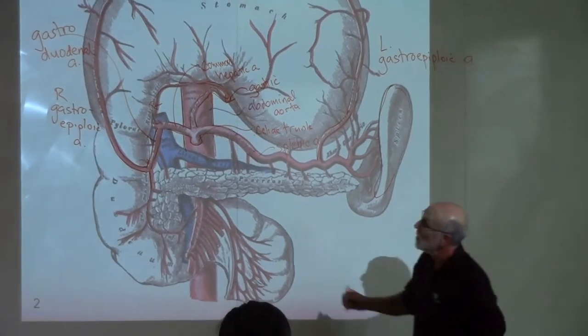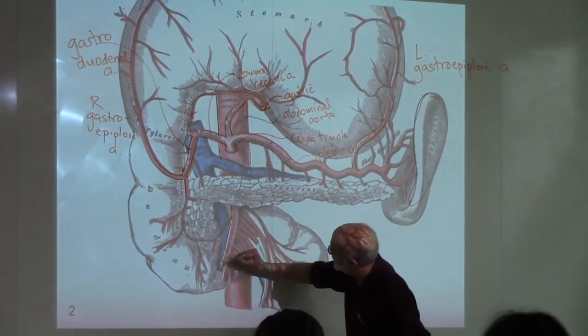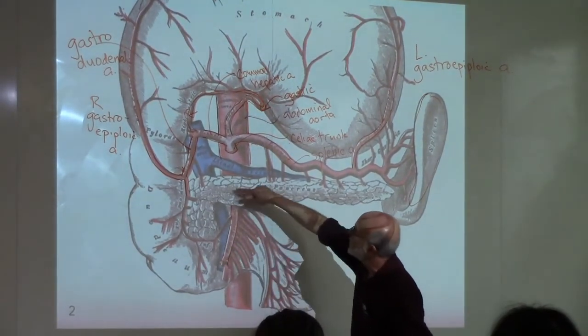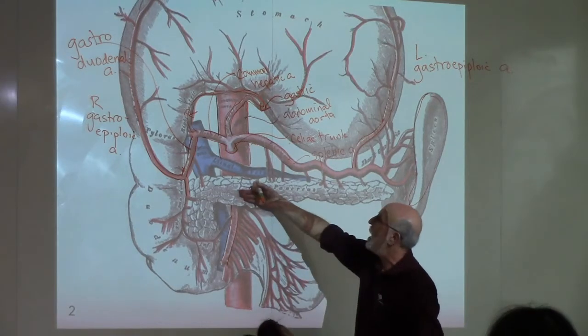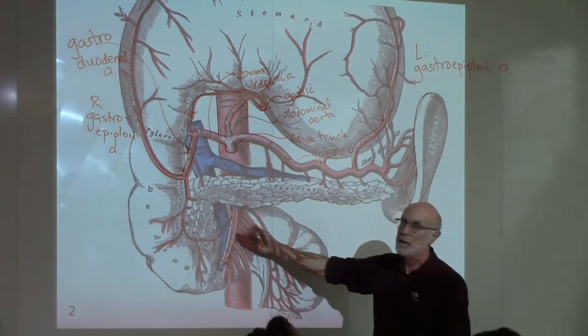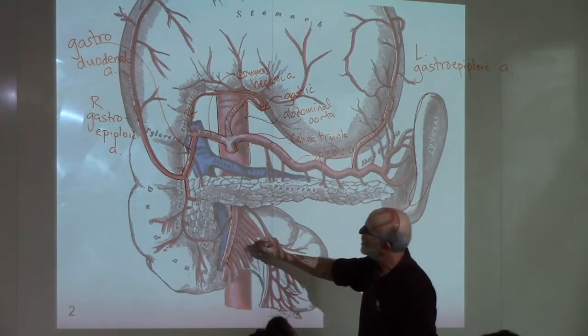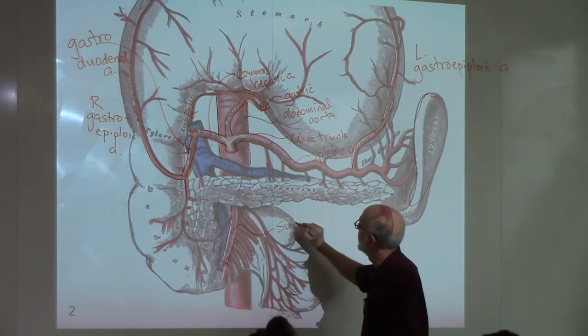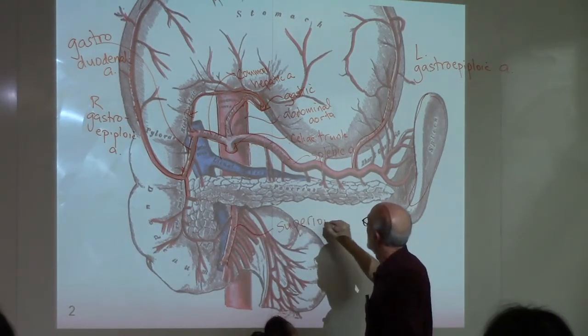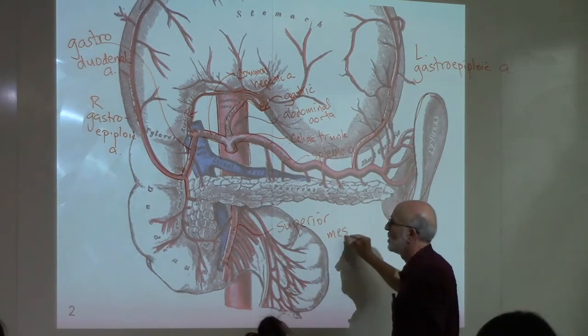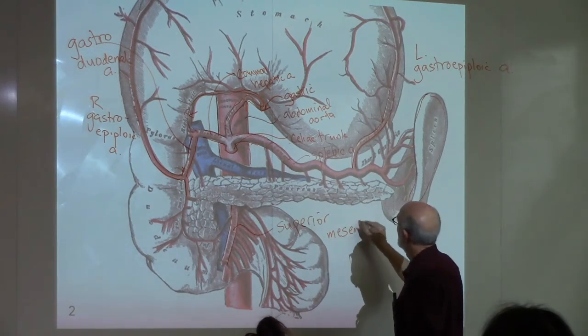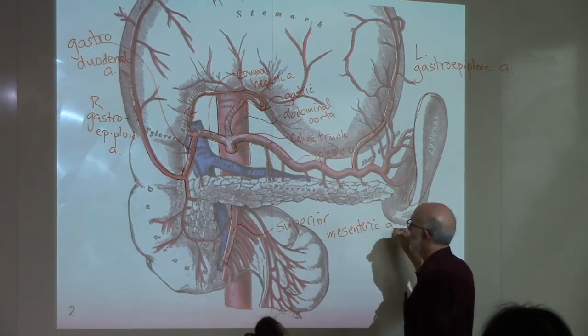All right. What is this one? That is going to join into the abdominal aorta behind this organ, which is the pancreas. I think this one's the superior mesenteric artery.